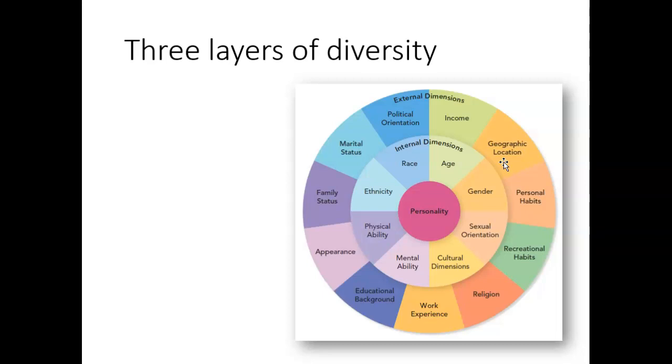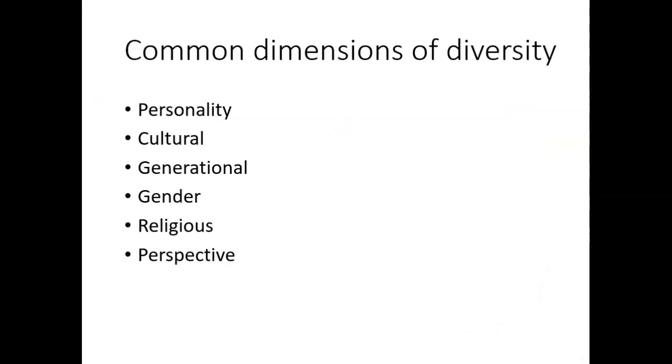In the United States alone, we could break it down a million different ways, from do you live in Yakult or the Pearl District or whatever, right? So each of these is some kind of layer of diversity that has some kind of influence on who we are. So these are some of the common dimensions of diversity that we think of.